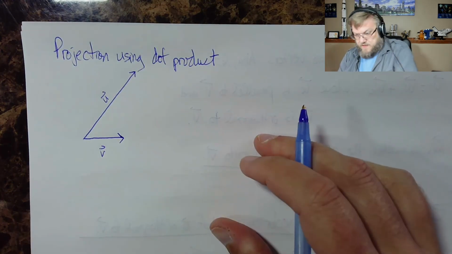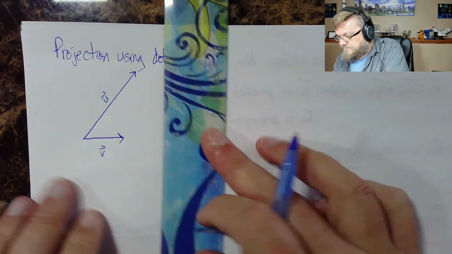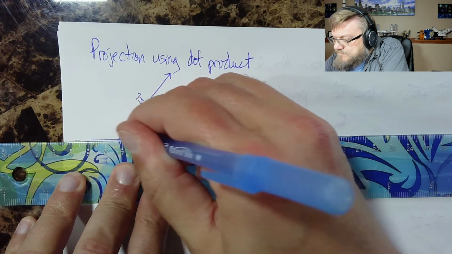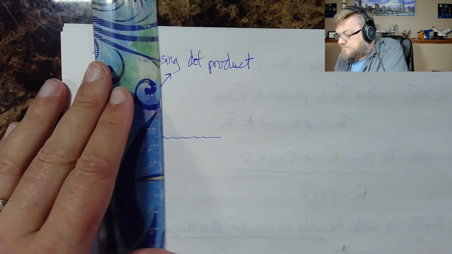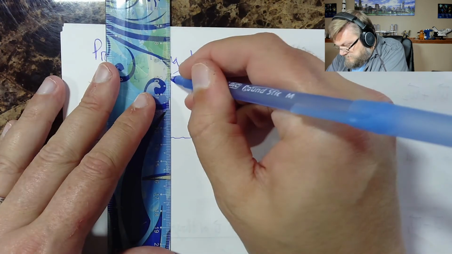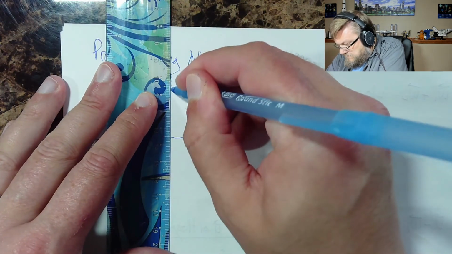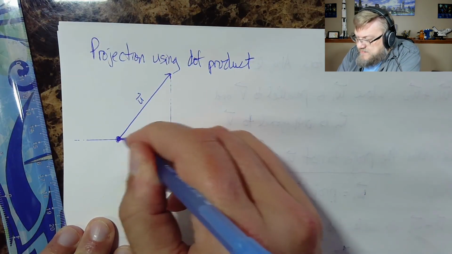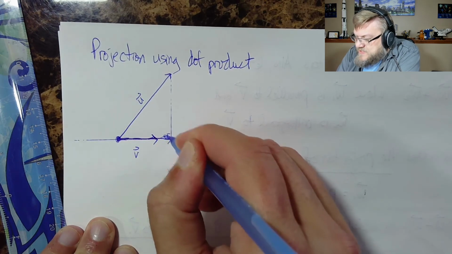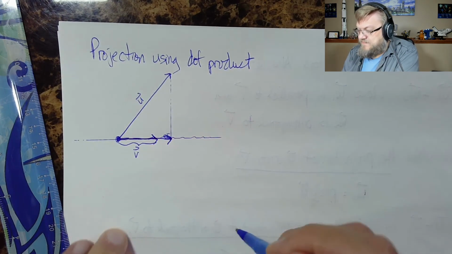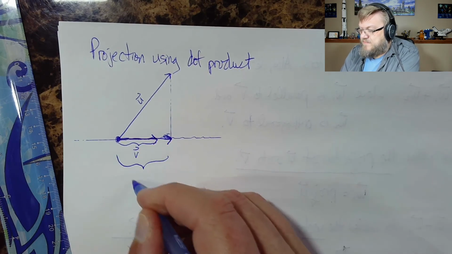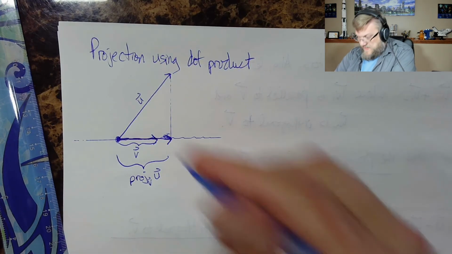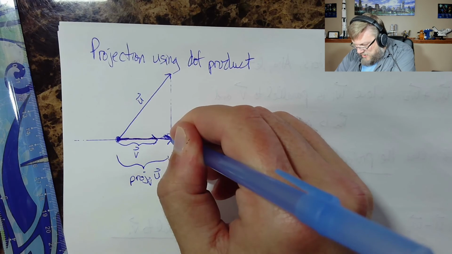Okay, and then I want to project U onto V. All right, so here is my projection vector. It goes to here. Remember, V stops right there. The projection vector, this is PROJ, projection of U onto V. So in this picture, it's actually longer than V.